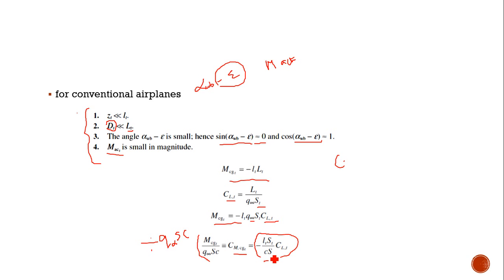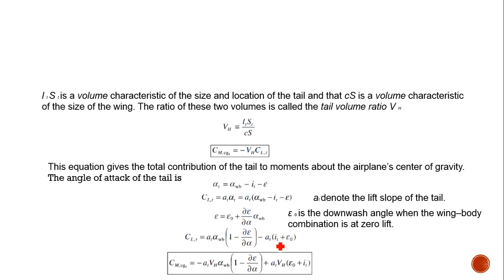CLT. So here this part we can say is a volume ratio, denoted VH, that is V suffix H equal to LT ST divided by C S. LT ST is the volume characteristic of the size and location of the tail, and C S is the volume characteristic of the size, where we are considering the chord term.